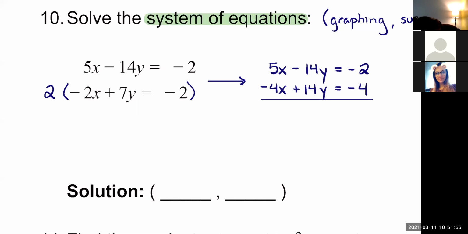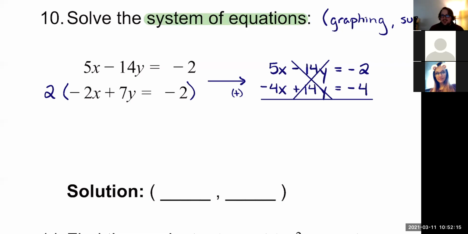Now, thanks to the process of elimination, when I add these 2 equations together, what actually eliminates? The 14y. The 14y with the -14y. Because we changed that very deliberately, we caused the elimination to occur.